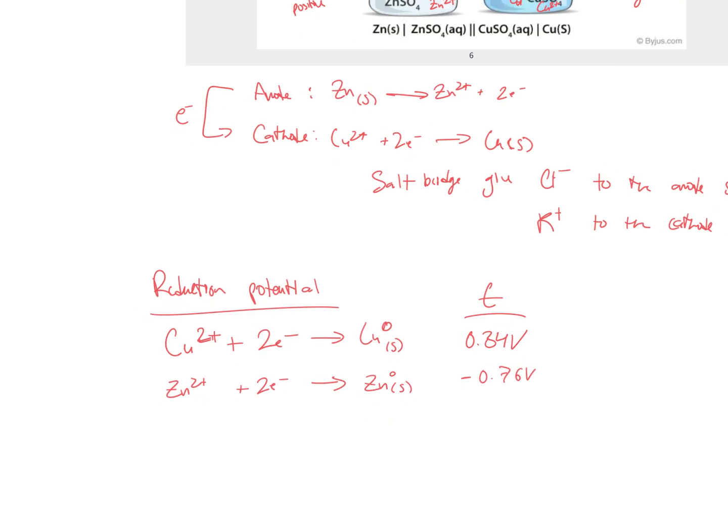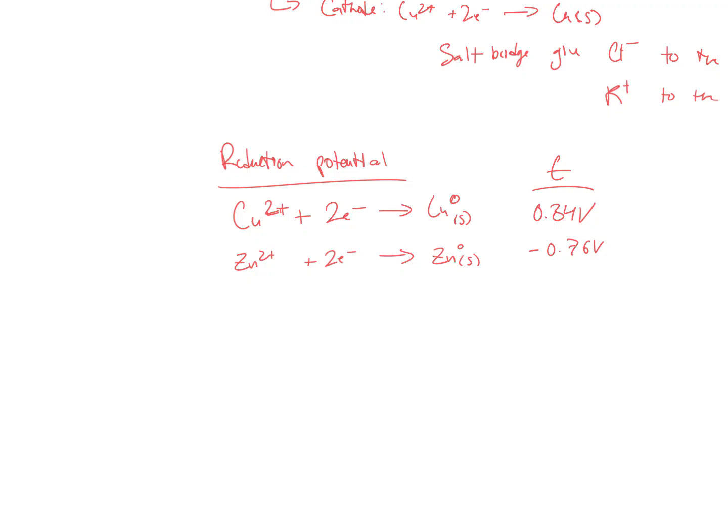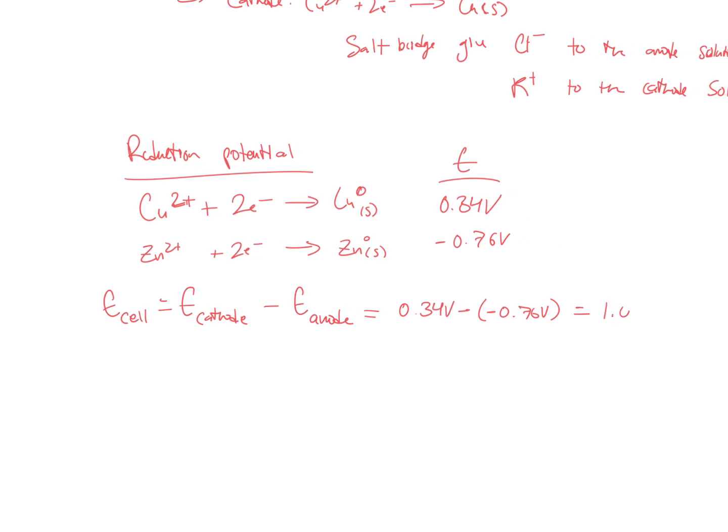And so now if we want to find the reduction potential of the entire cell, E of the cell, is just equal to the reduction potential of the cathode minus the reduction potential of the anode, which is 0.34 volts minus negative 0.76 volts, which is equal to 1.10 volts.